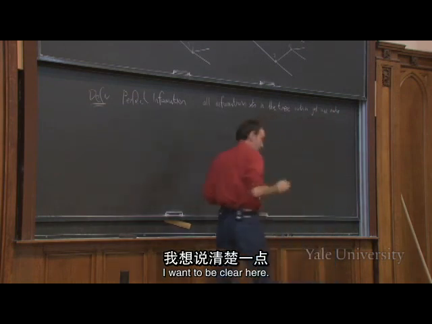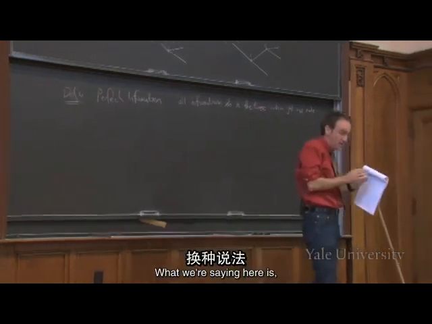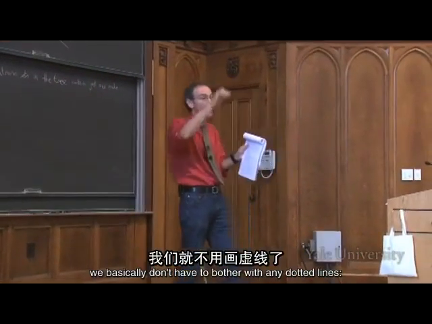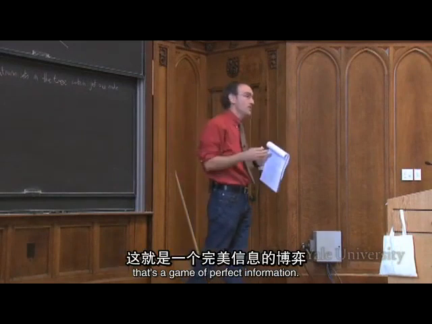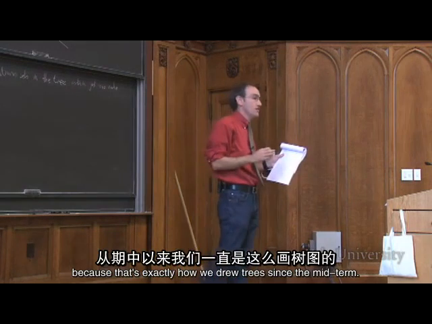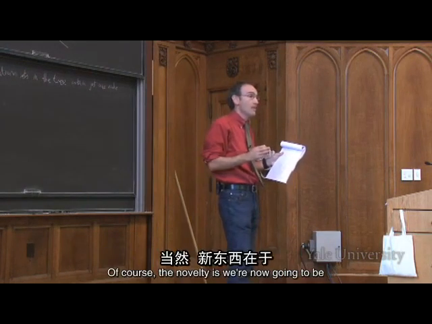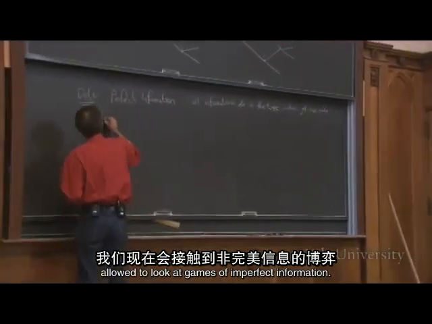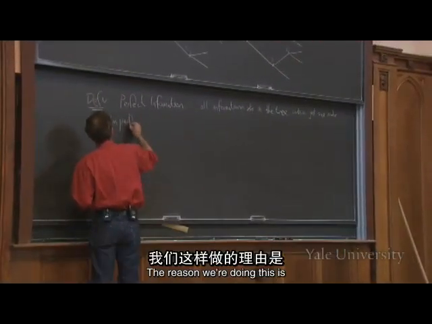So what we're saying here is if we have a tree in which every information set is a singleton, we basically never bother with any dotted lines, that's a game of perfect information. That shouldn't be a surprise to anybody here because that's exactly how we drew trees since the midterm. Of course, the novelty is we're now going to be allowed to look at games of imperfect information.